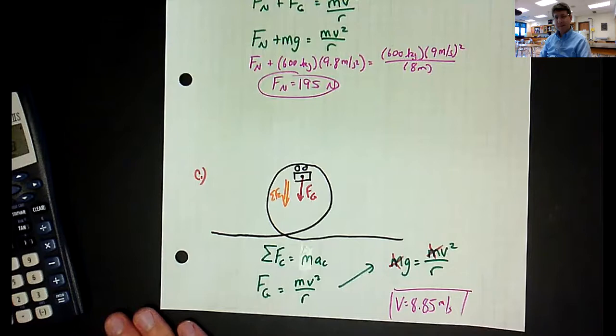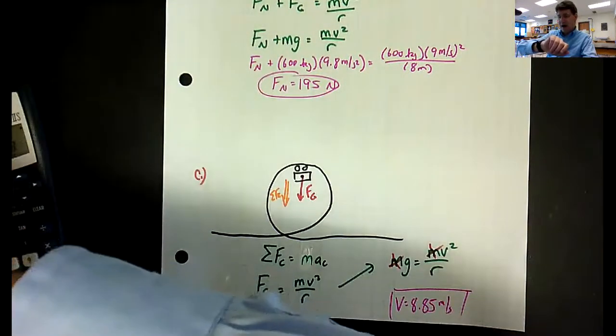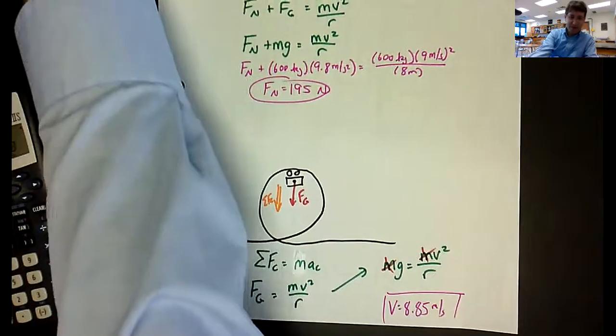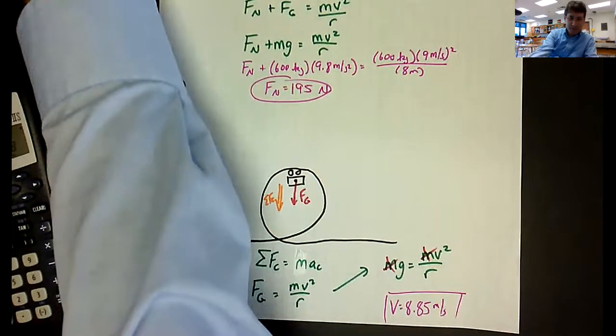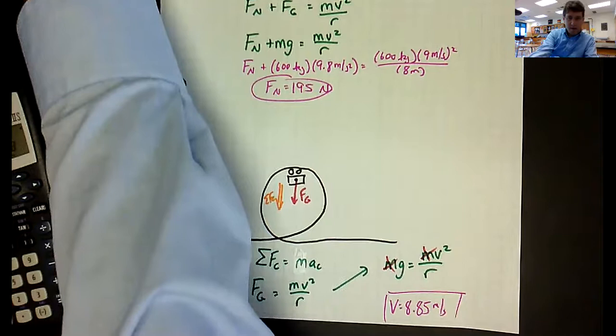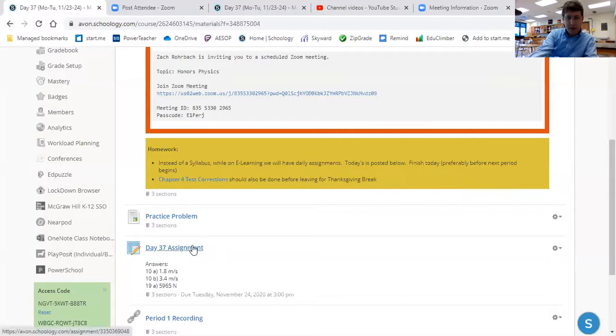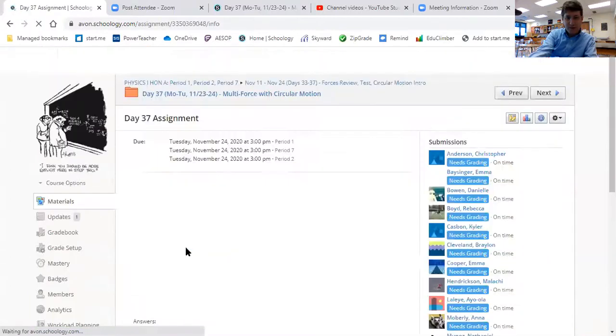All right. Here's what I'd like you to do, because you've got 20 minutes of class left. I'd like you to go to today's folder and click on the day 37 assignment.